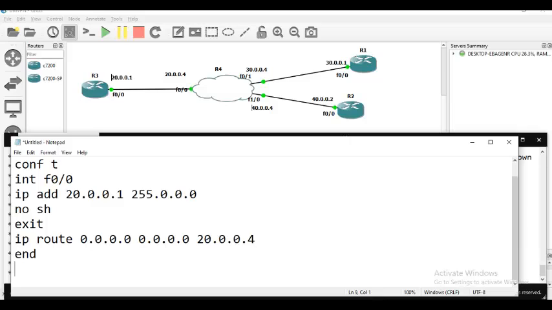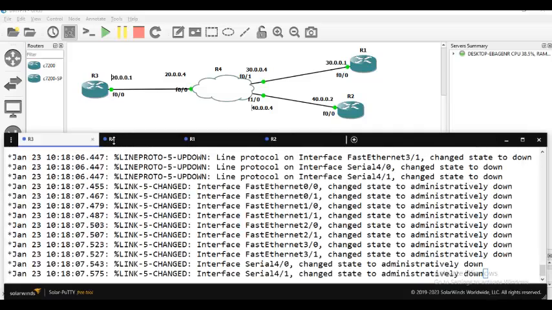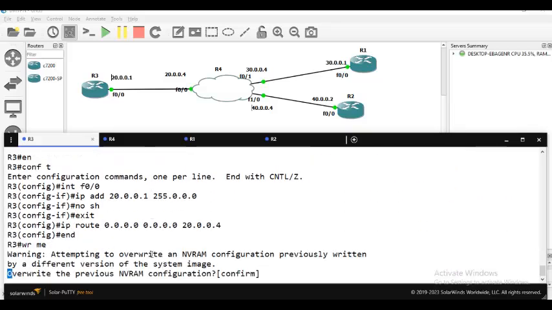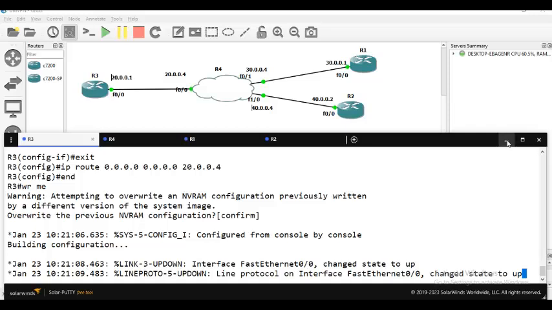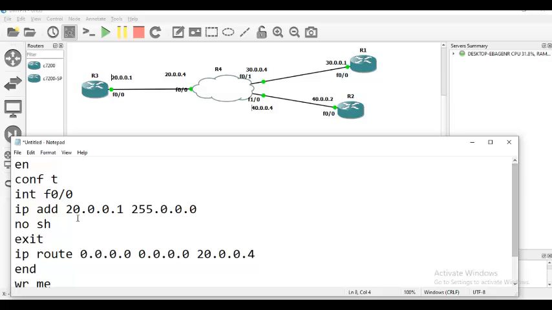Right. On router 3. It's done. And now router 1. Router 1 has got 30.1. And this is 30.4.